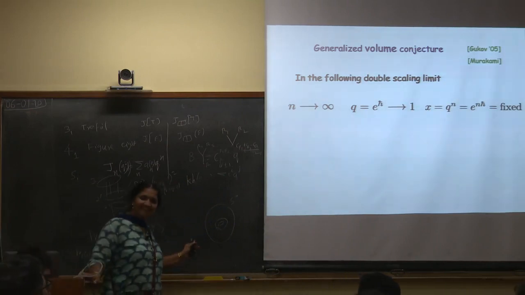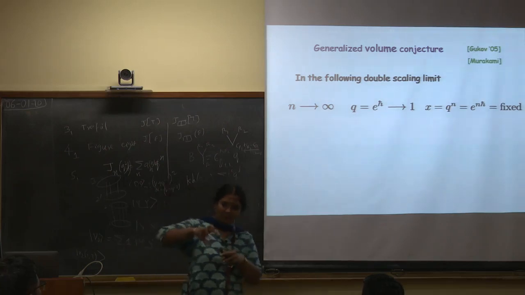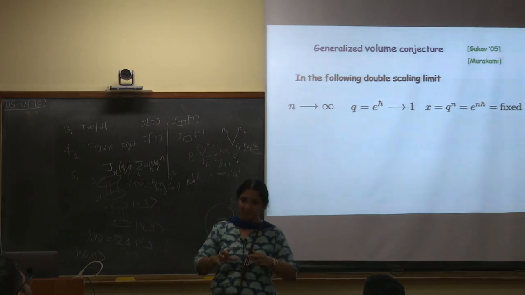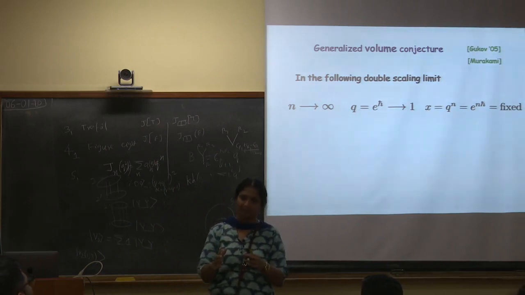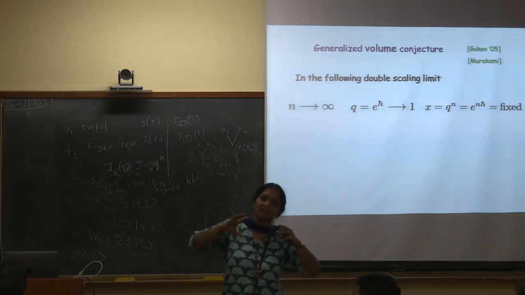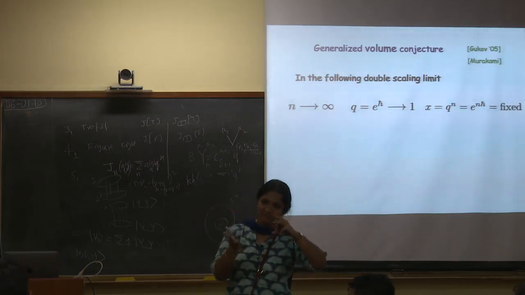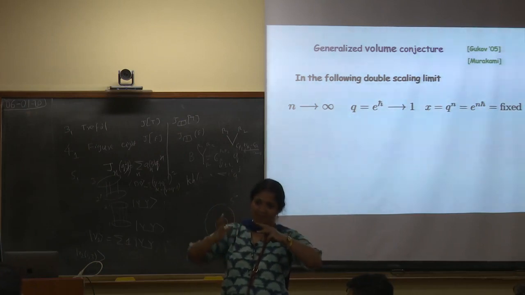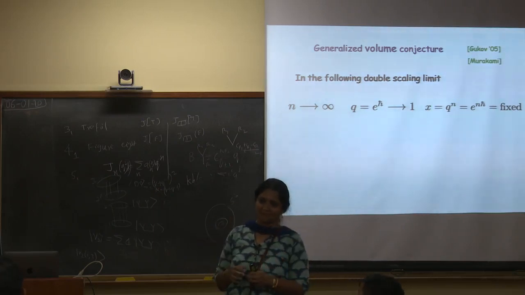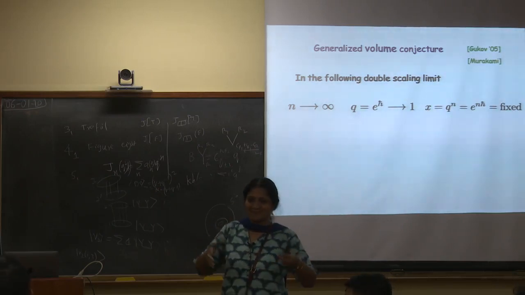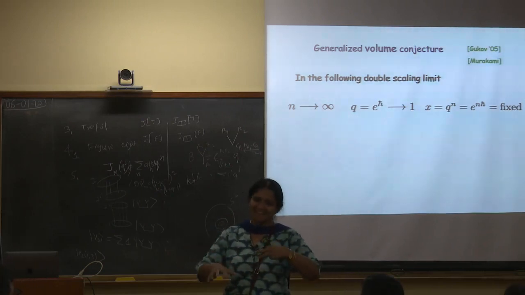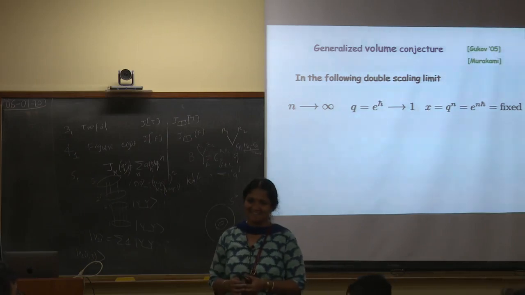You take the knot, thicken the knot, and remove it out, and whatever is left is a 3 manifold with a toral boundary. Just like the earlier one where I took a 3 ball with an S2 boundary, you can have a 3 manifold with a torus boundary, and including the inside of the tube, it is the 3 manifold.